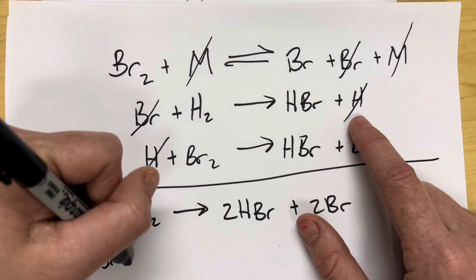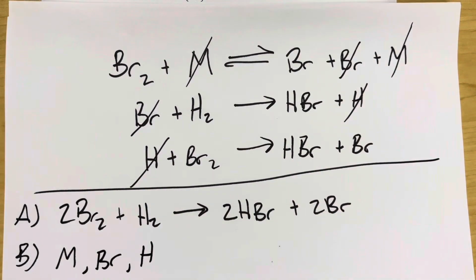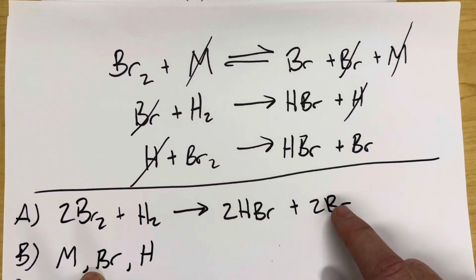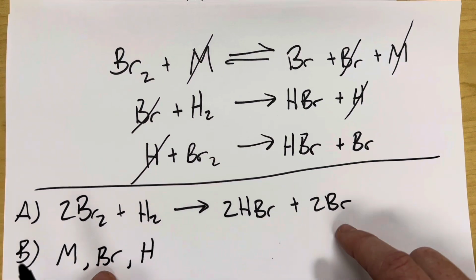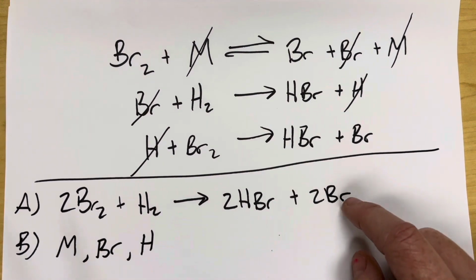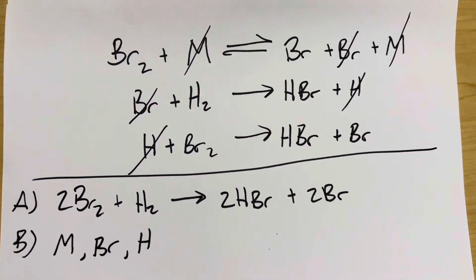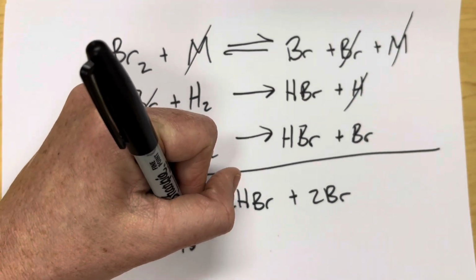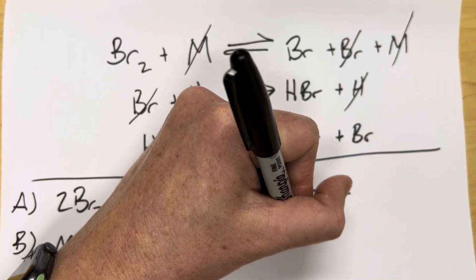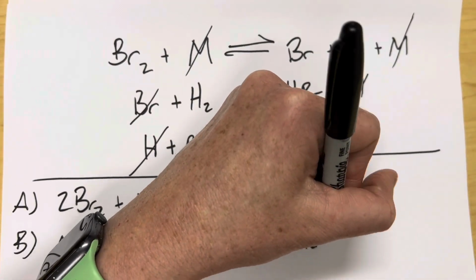We have an H. Anything else? No. And what I meant by that is we have a Br here and we also have a Br here, and I think it's necessary to clarify that Br is a reaction intermediate, but it is also a product. So these are our reaction intermediates.